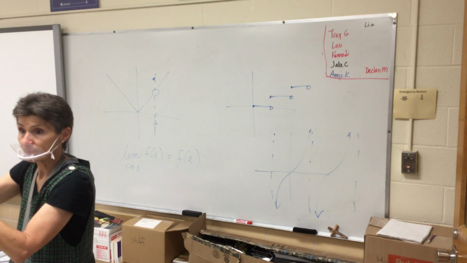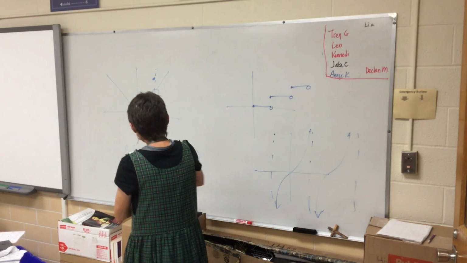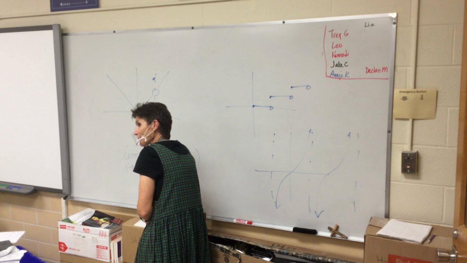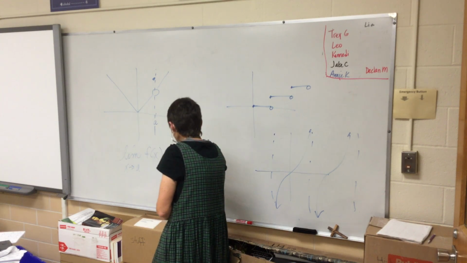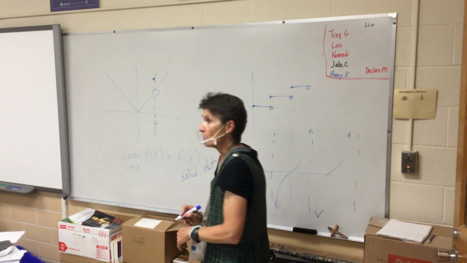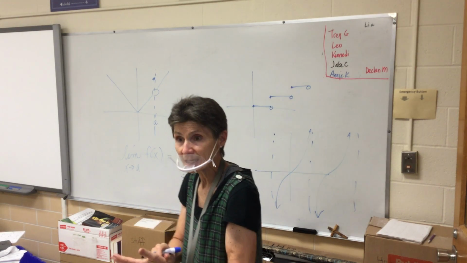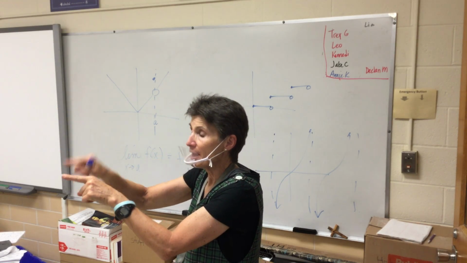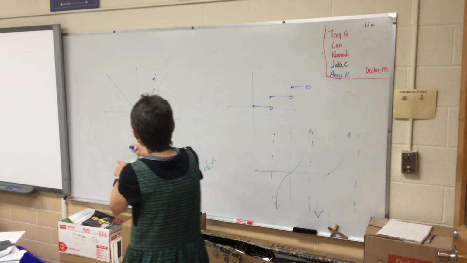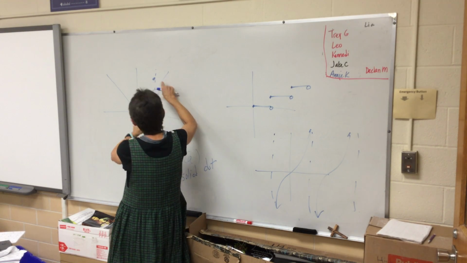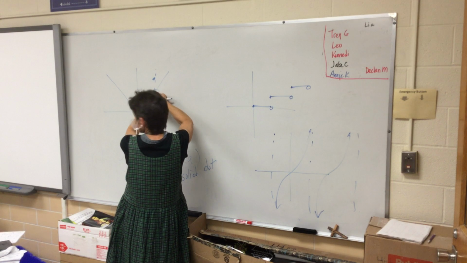So it's all good. Now, the definition says that where your fingers come together have to be where the solid dot is. So if you're going to be continuous, your fingers have to come together at the dot. Well, look, do my fingers come together at the dot? Here's the dot. Here's where my fingers are coming together.